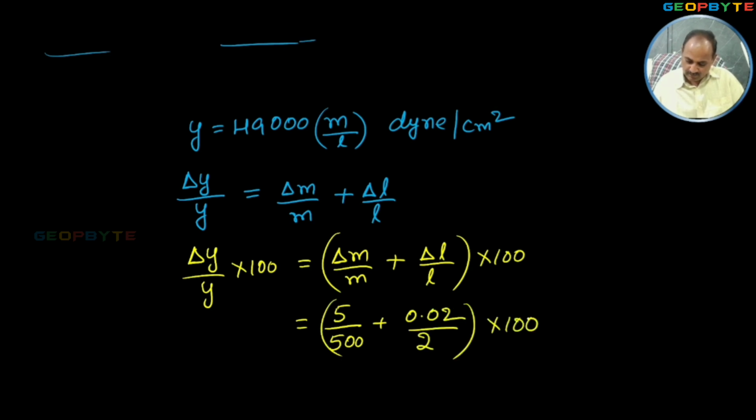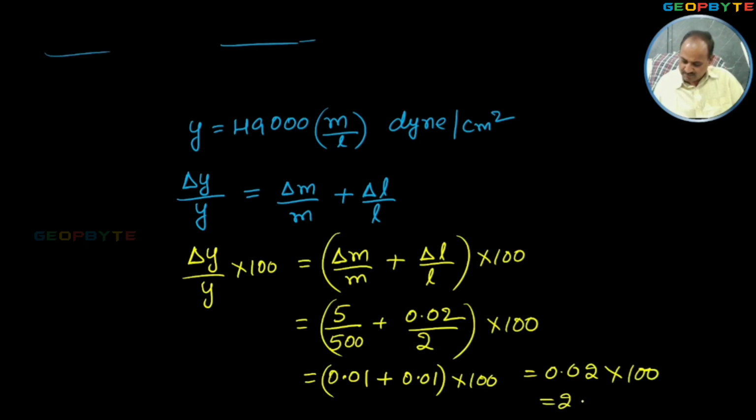Simplify it: 5 by 500 is 0.01, plus 0.02 by 2 is 0.01, into 100. It is equal to 0.02 into 100, which is equal to 2%.